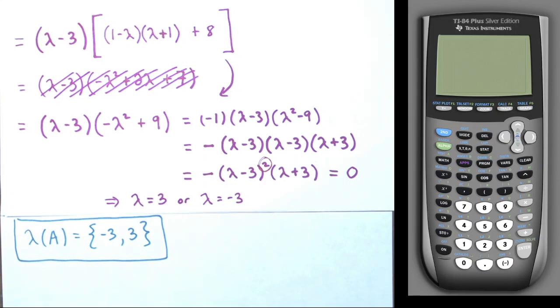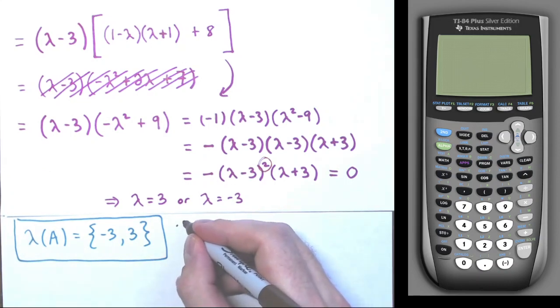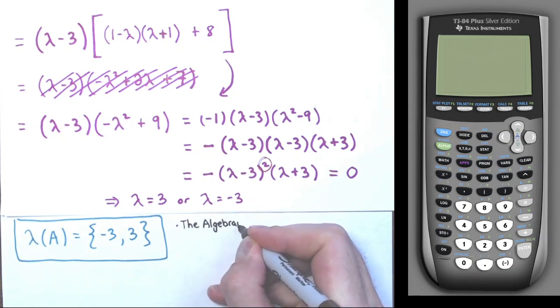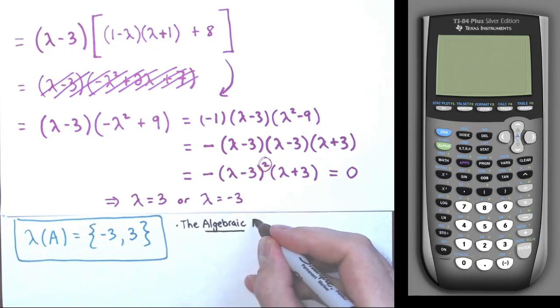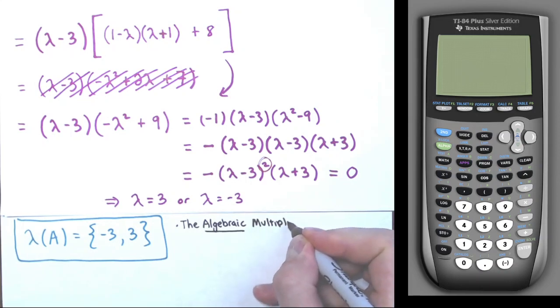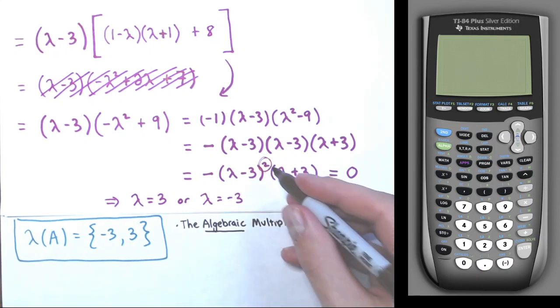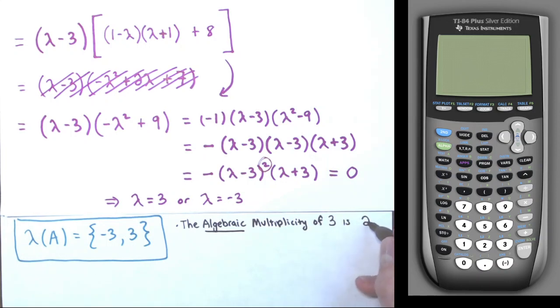So the algebraic multiplicity of 3 is 2. There are two factors that 3 makes equal 0. The 3 is a repeated solution twice.